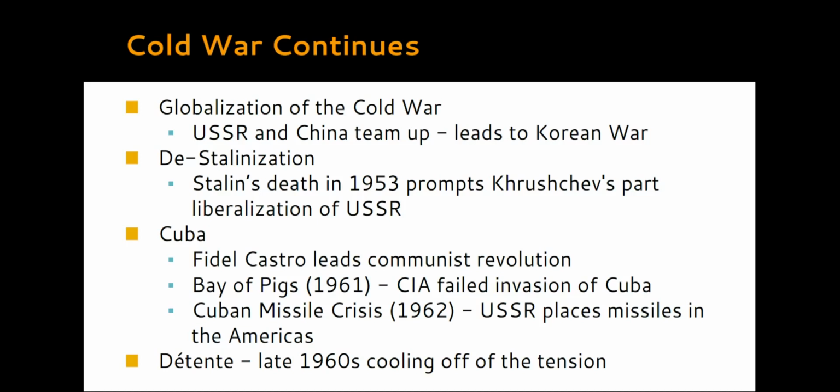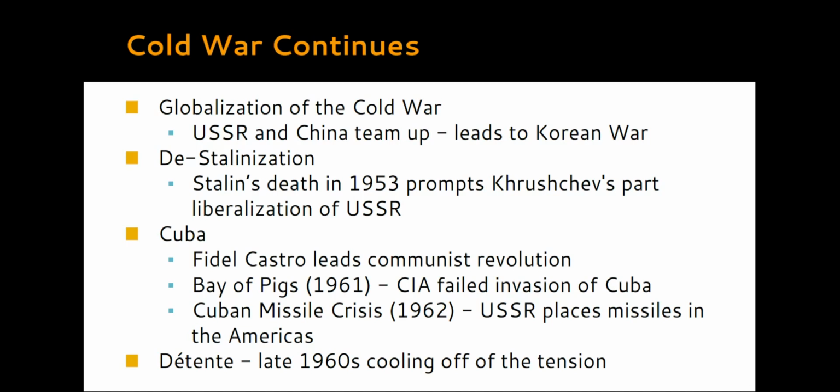Cuba. Now, this is a huge point of contention for the United States because Cuba, if you don't know, is quite close to the United States. It's just right there in the Caribbean, right under us. And so when Cuba falls to communism with Fidel Castro at its helm, the United States is worried.